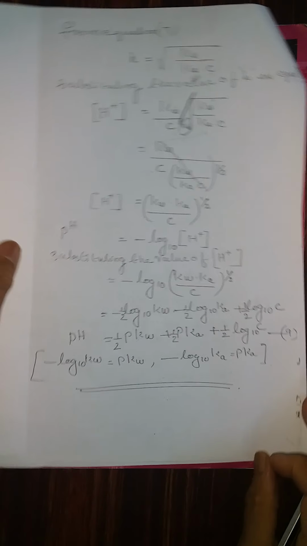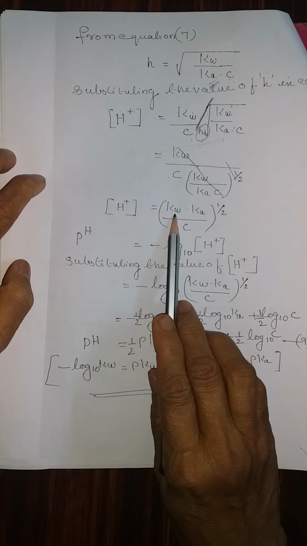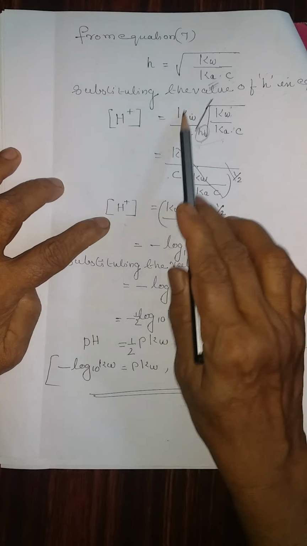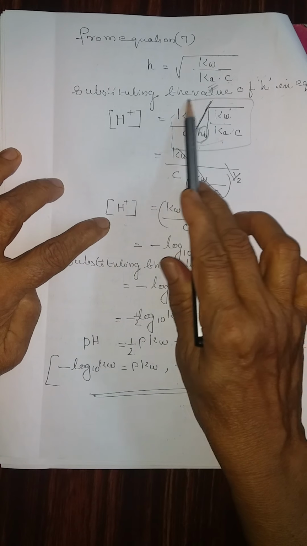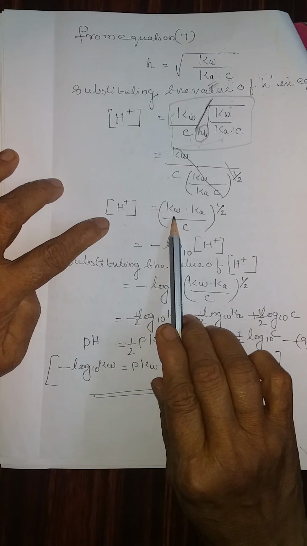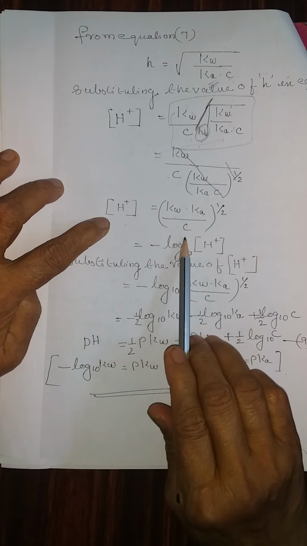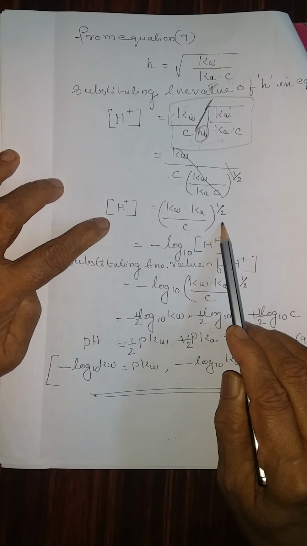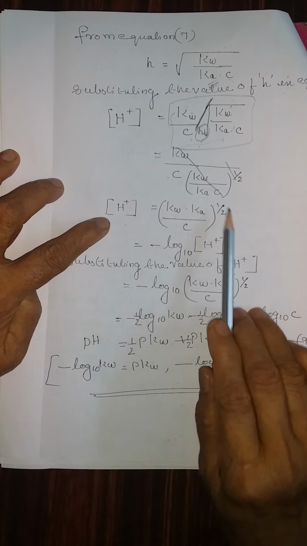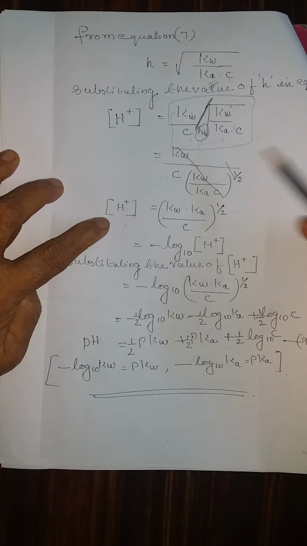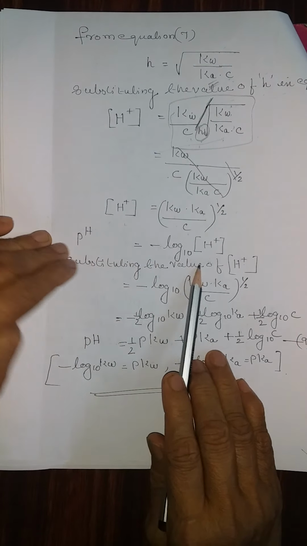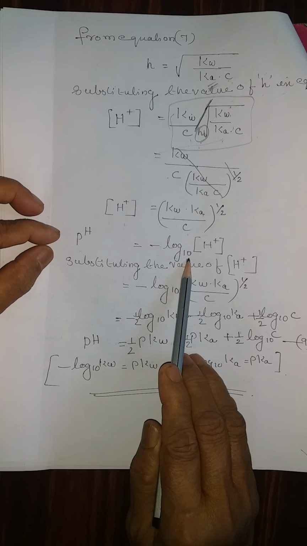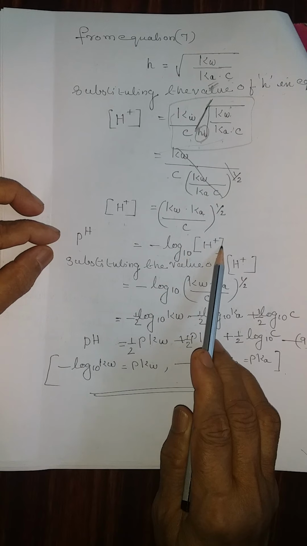On simplification, we get the concentration of H plus ion is equal to Kw into Ka divided by C, raised to the power half. If you get this value, your simplification is correct. pH means negative log to the base 10 of concentration of H plus ion.